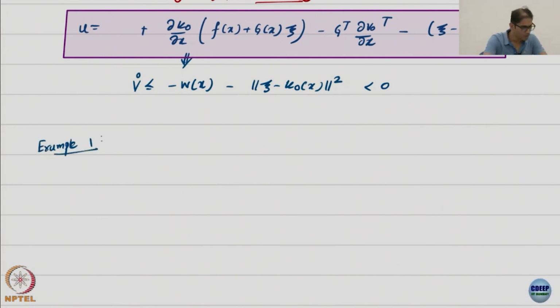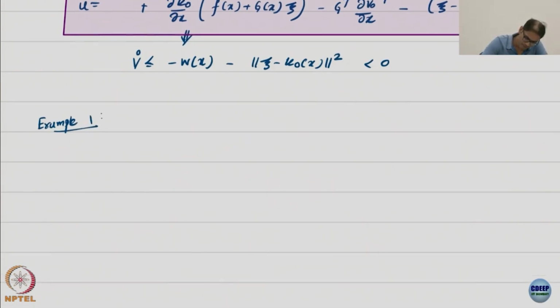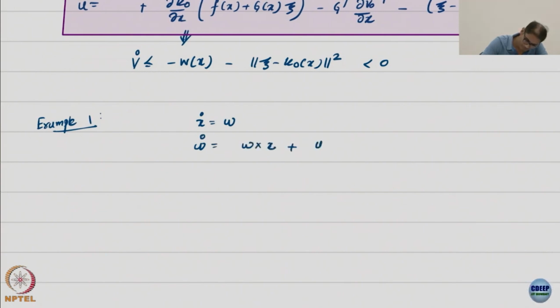Okay, so this is again something that I have sort of created, but not too far away from reality. Again a sort of concocted example, but not too far from reality.